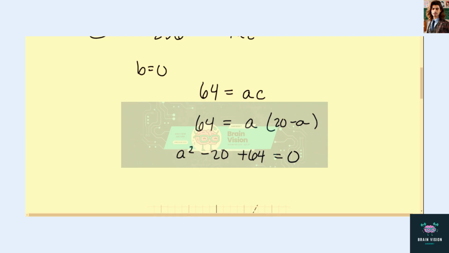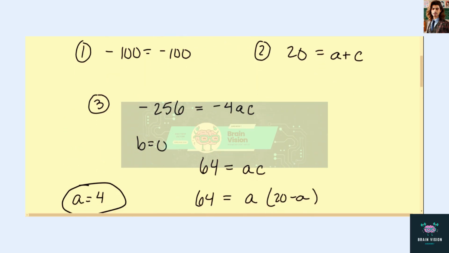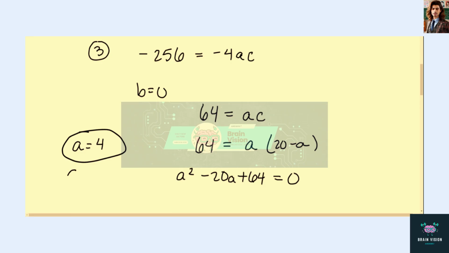And so solving for this gives us a value of a equal to 4, right? And so a would be equal to 4. And plugging this in for c, now we have c is equal to 16.